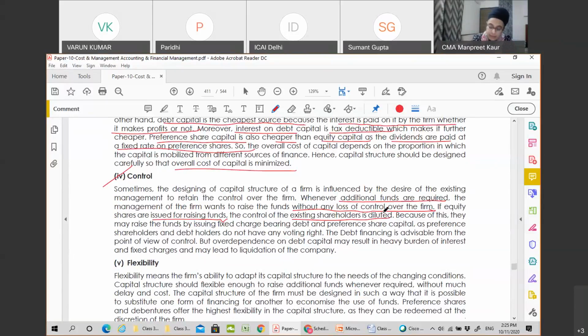Because of this, they may raise the funds by issuing fixed charge bearing debts. हम लोग डेट के थ्रू या प्रेफरेंस के थ्रू कर सकते हैं, बिकॉज जो डिबेंचर होल्डर्स हैं और हमारे प्रेफरेंस शेयरहोल्डर्स हैं, they do not have the voting right. That financing is advisable.